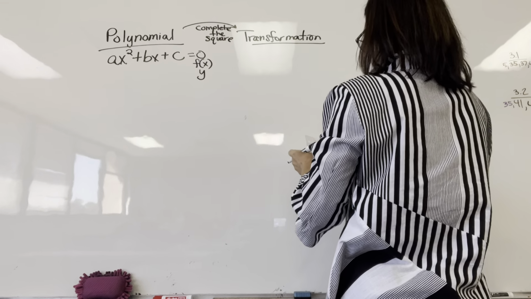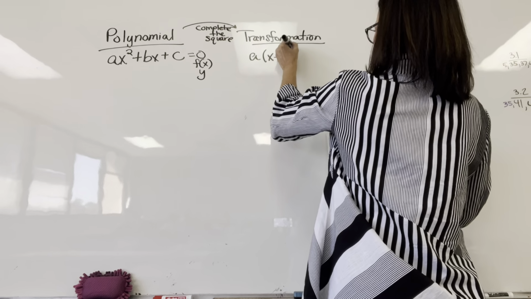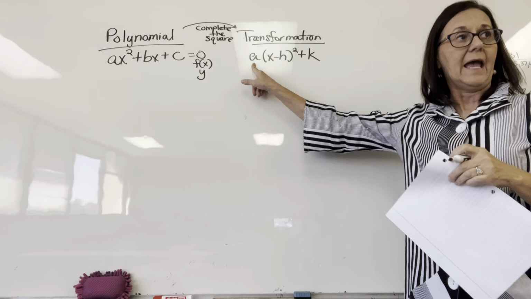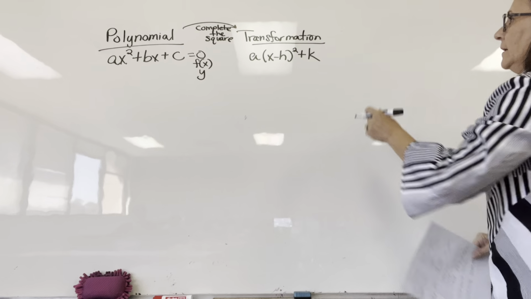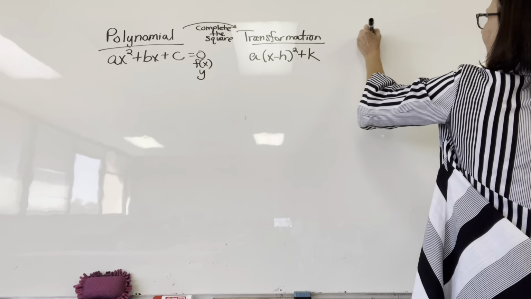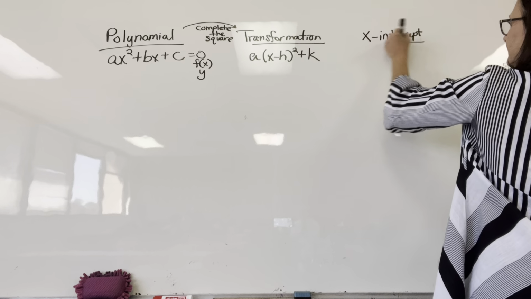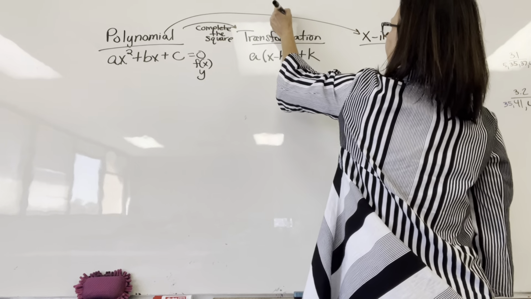And so the transformation form is a(x minus h) squared plus k. We rarely had an a out here. To arrive at the x-intercept form, we took the polynomial form and we could factor it.